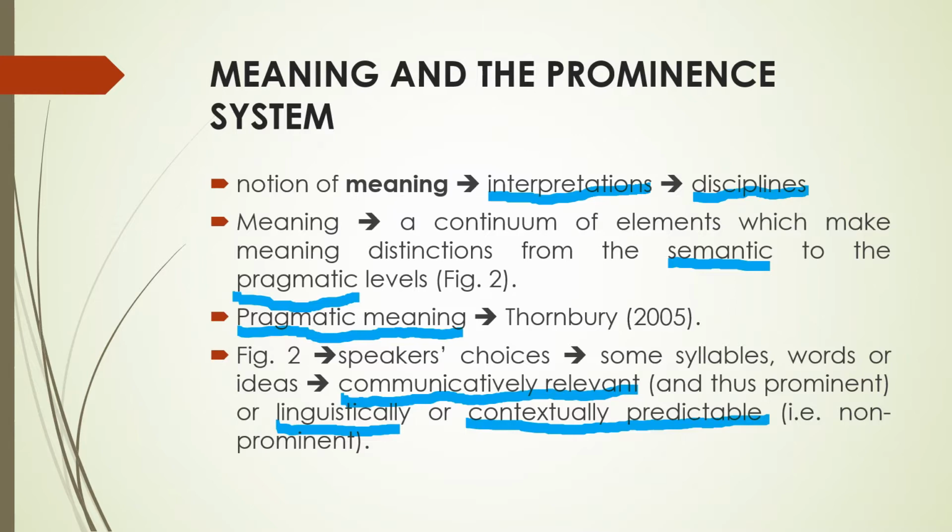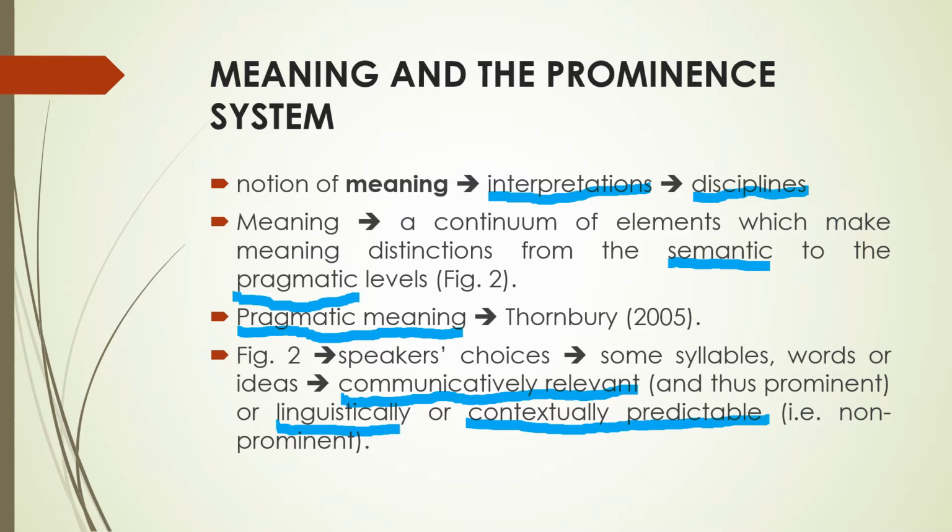In order to understand the prominence system that we're going to use in this unit, we have to make a connection with the concept of meaning. But we have to be very careful because meaning as a concept has different interpretations, different definitions, mostly based on the discipline that uses that particular concept.